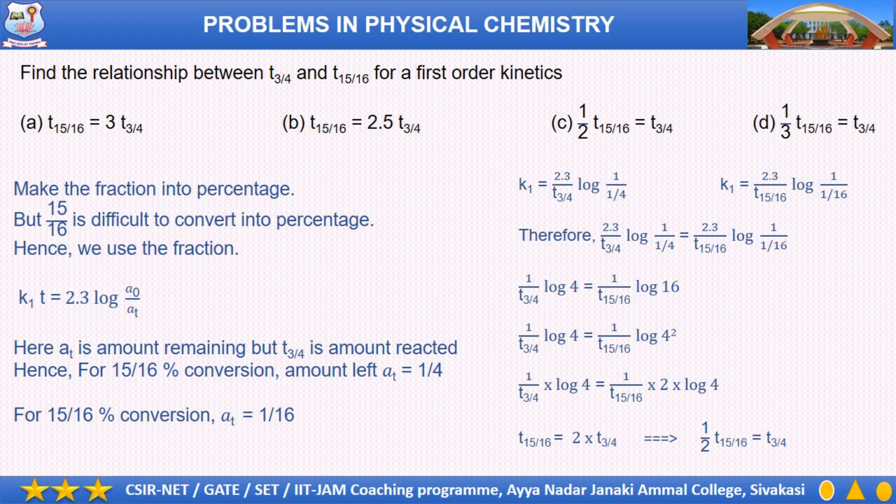It is equal to 2.3 by T 15 by 16 into log of 1 divided by the remaining, which is 1 by 16. And 2.3 gets cancelled.